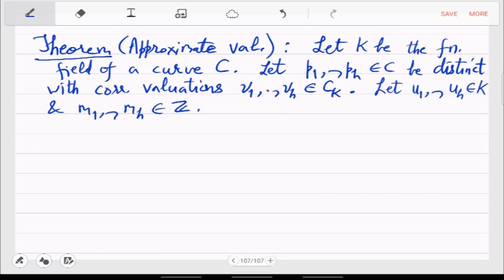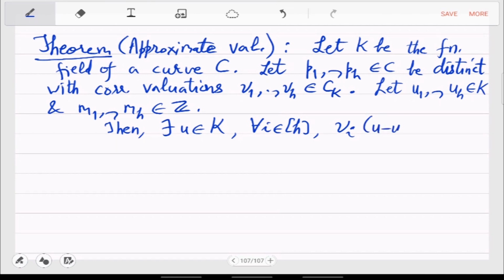What we will show is there exists a function u such that for all i from 1 to h, the ith valuation of u minus ui is at least mi.